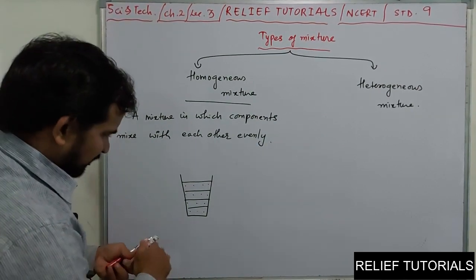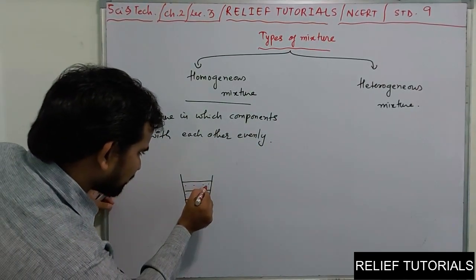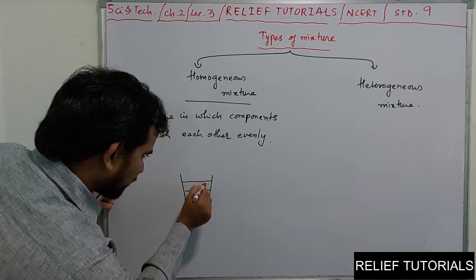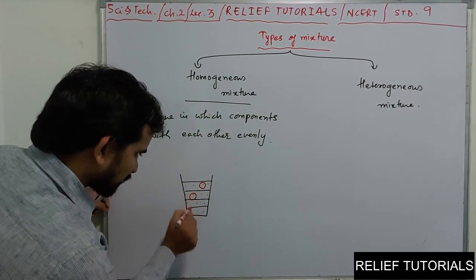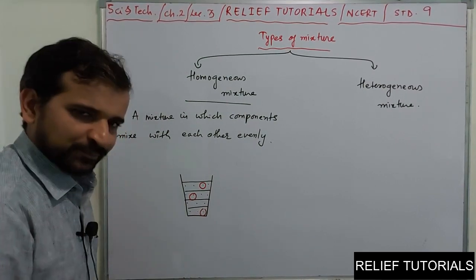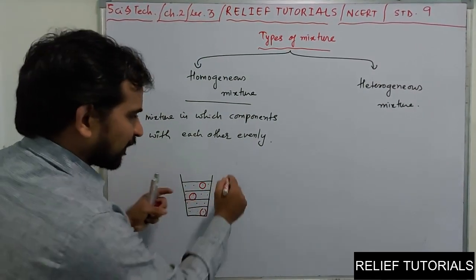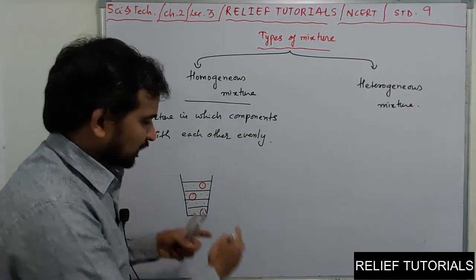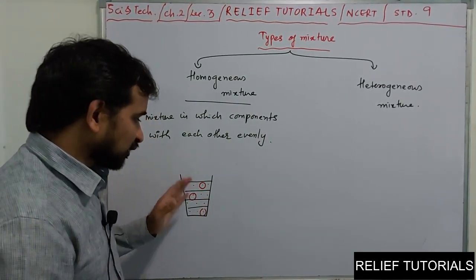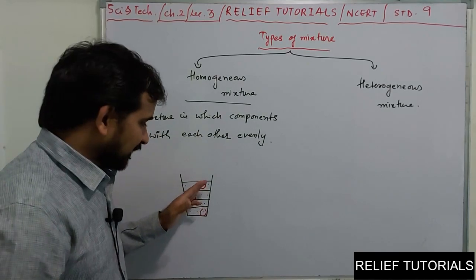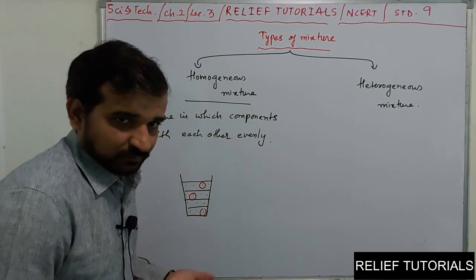Suppose you take a sample of the solution from the top, from the middle part, and from the bottom part. If you take, for example, 5 ml each, 3 different samples, you want to find out whether the salt molecules are present equally everywhere or not.